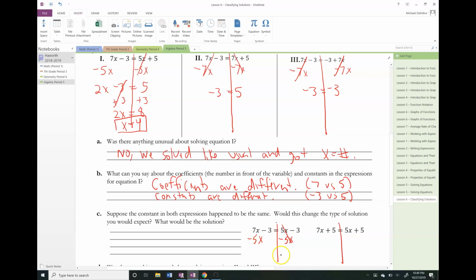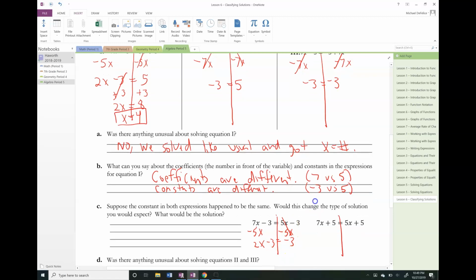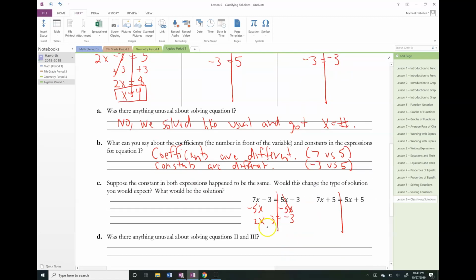There's my 0: 2x minus 3 equals negative 3. Now I'm going to add 3. I get 2x equals 0. By inspection, anything times a number that gives me 0 has to be 0, so x has to be 0.